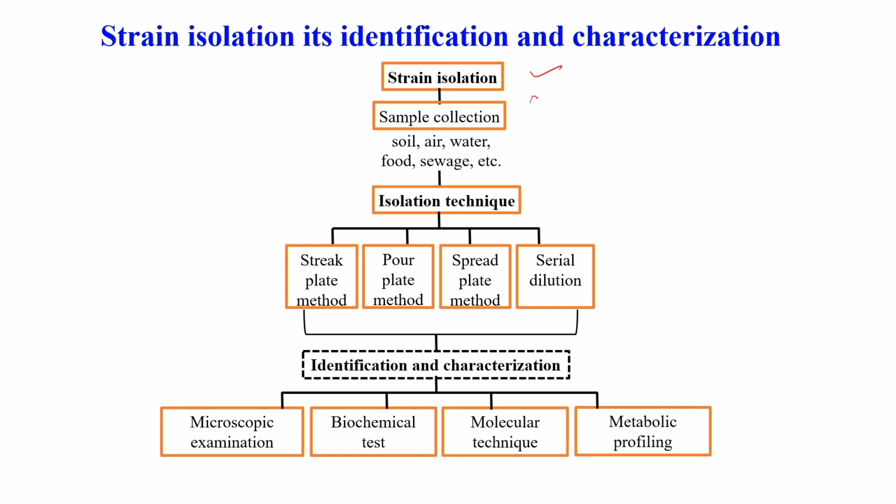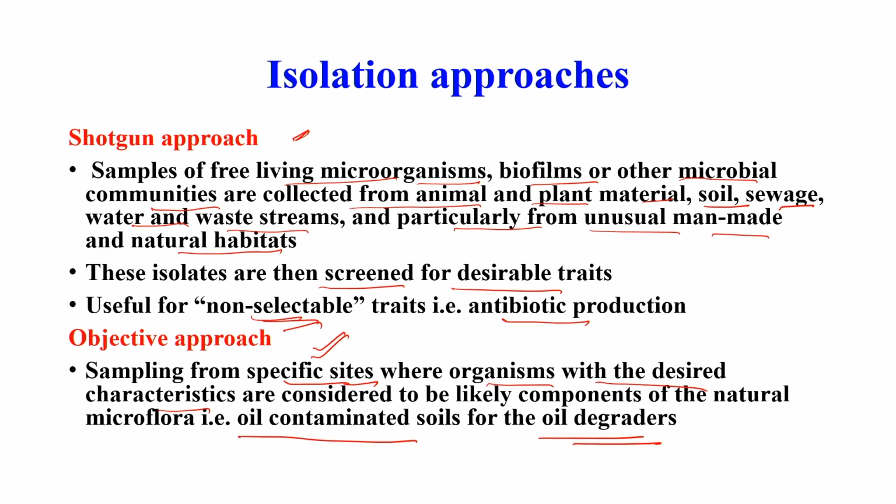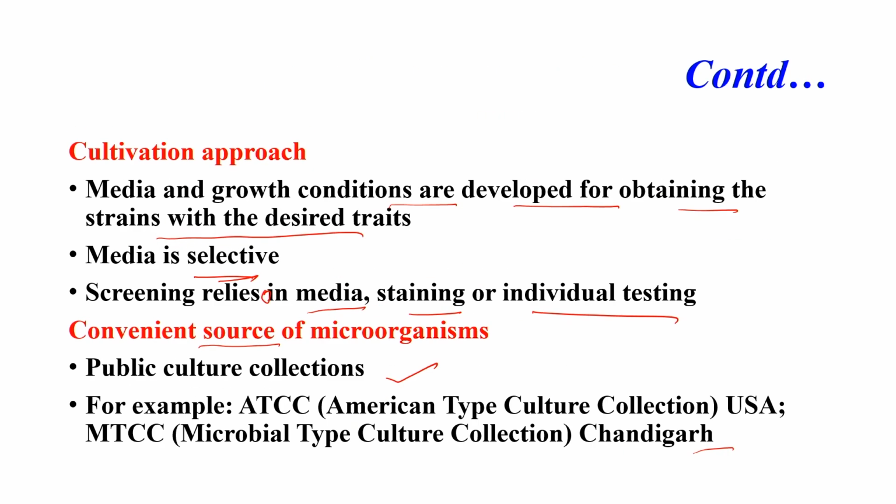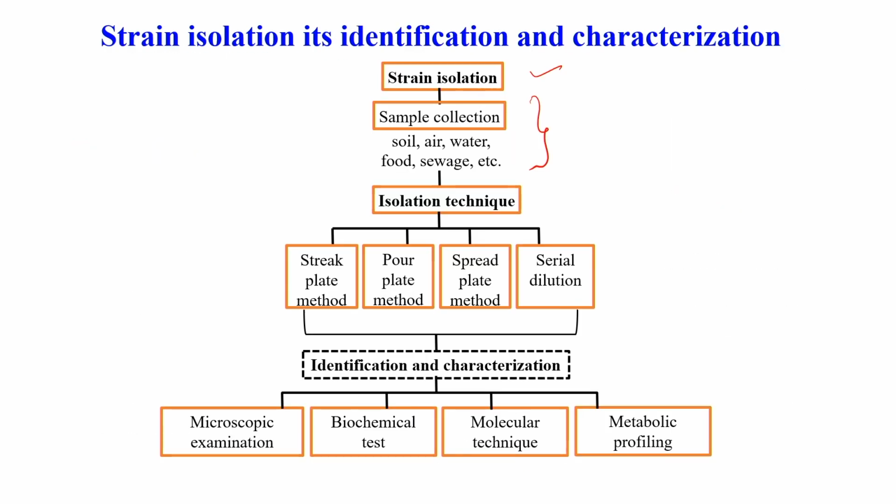So, for that you have to collect the sample, and I had told there are 4 different approaches for the isolation: shotgun approach, objective approach, cultivation and convenient source of microorganisms. Then you can have different isolation techniques: streak plate method, pour plate method, spread plate method and serial dilution methods, and from there you are going to identify the selected strain.